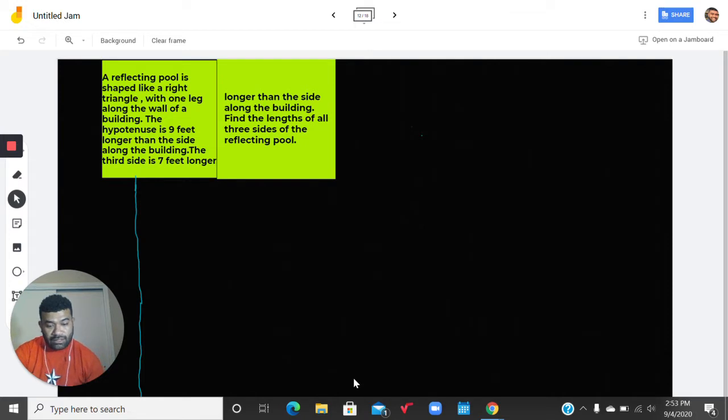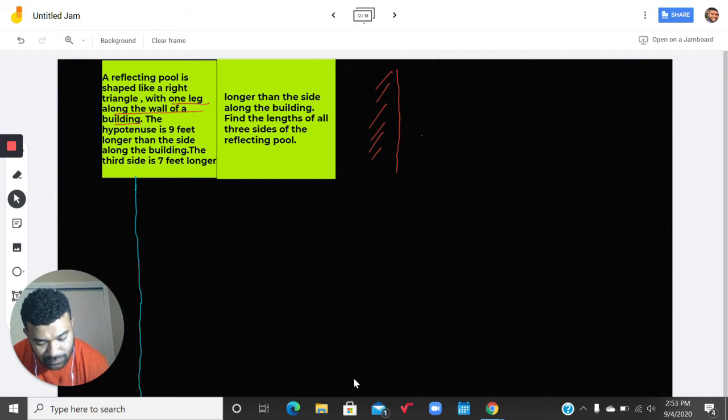So now we know that we are dealing with a right angle triangle. If you look at the question, it says one leg along the wall of a building. So if we have a right angle, let's assume that that's going to be the wall of a building.